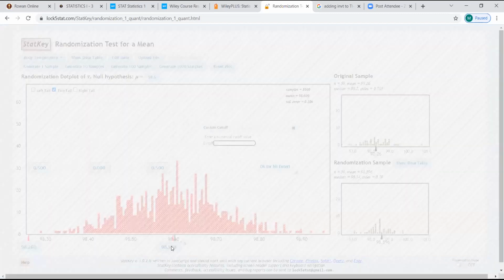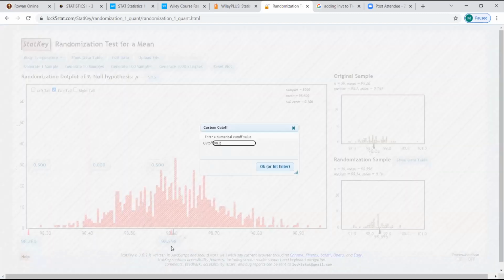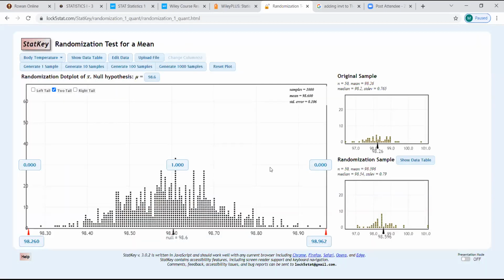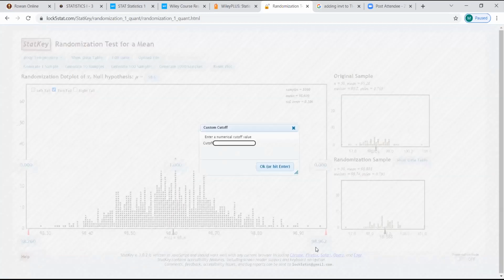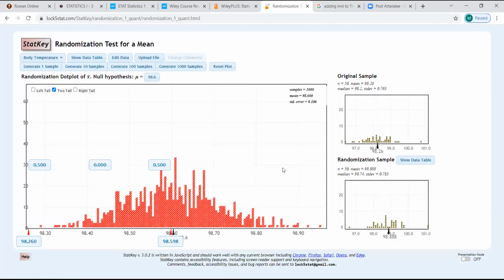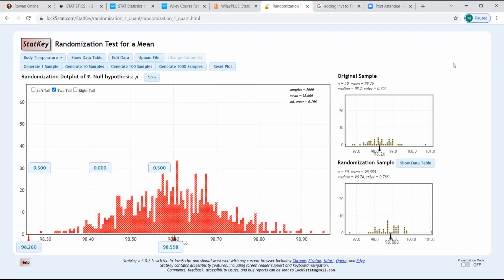Let me do it again. 98.26. I apologize for that. All right, it's not working very well. So let's just look at the standard error. It says 0.106. This is probably why you don't want to use StatKey, because StatKey sometimes doesn't work well.